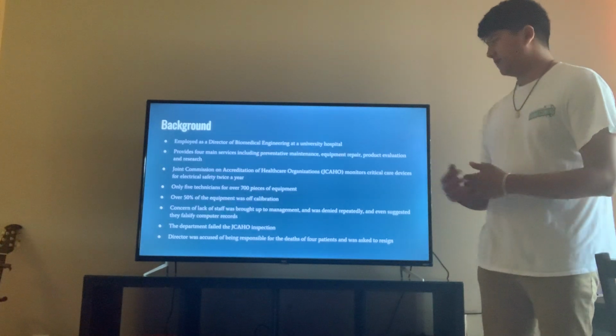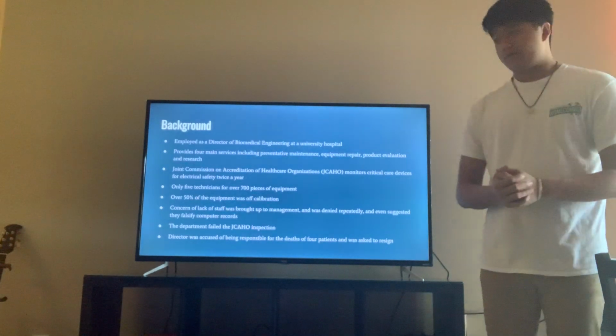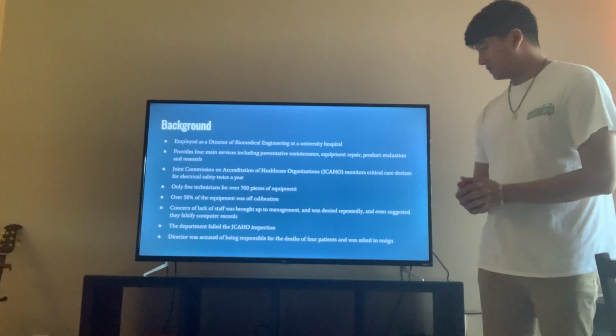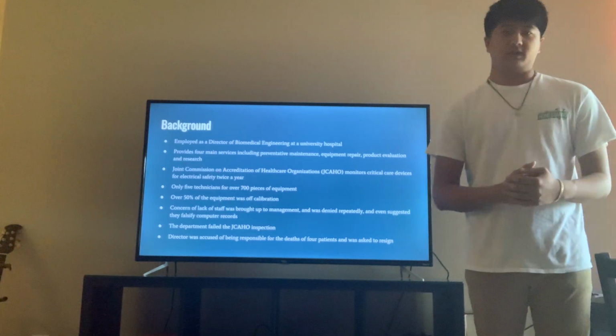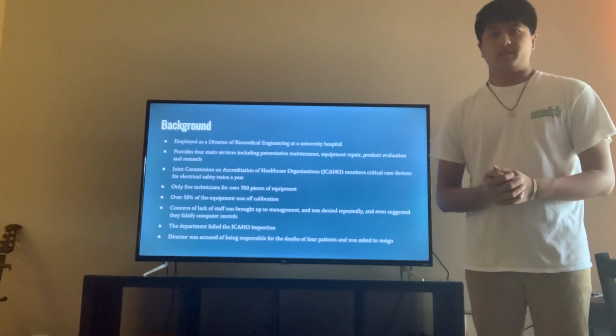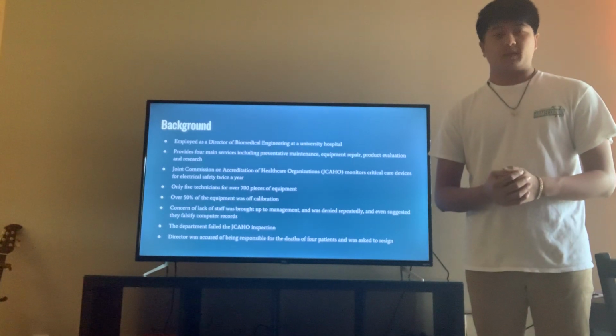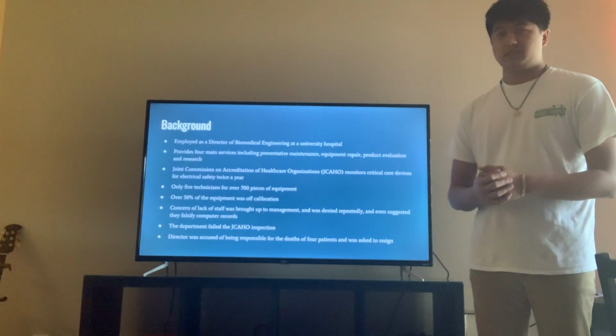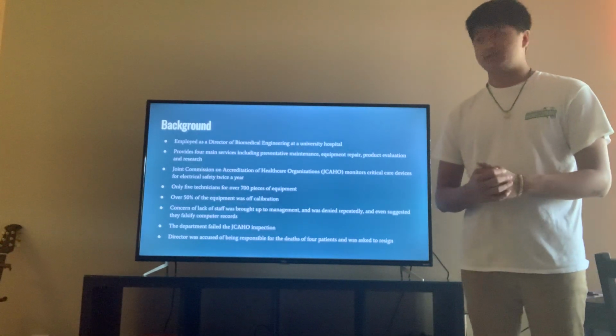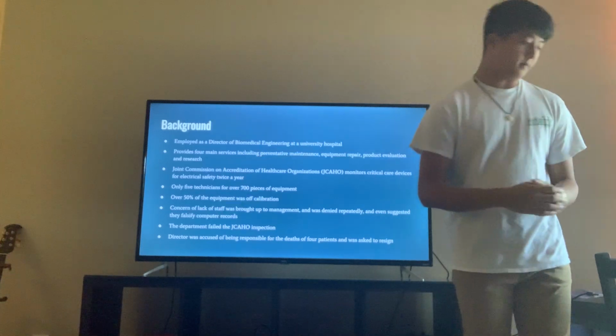He was then called into the vice president's office, where the vice president accused him of being responsible for the deaths of 4 patients, and he was asked to resign. He later found out that the vice president was planning to outsource his department in order to provide cheaper and a fixed cost for maintenance and repair in the department.